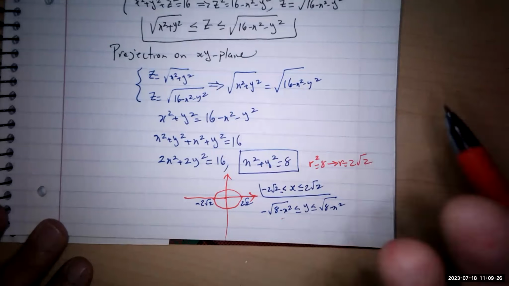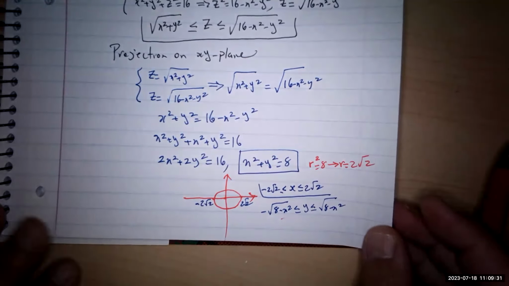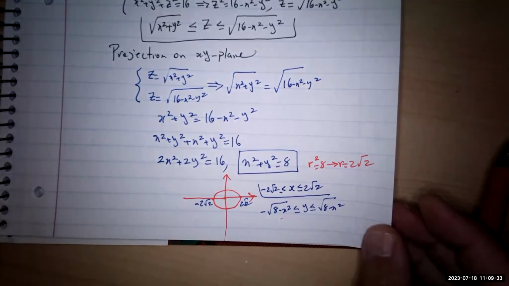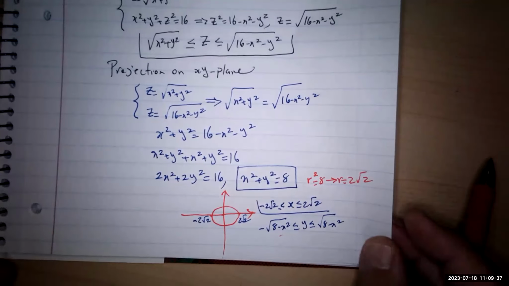Now we are ready to set it up in rectangular coordinates, then decide which method we are going to use eventually to find it. But it's important to set it up. So this is now the formula for the volume so far. Your volume V is equal to a triple integral.